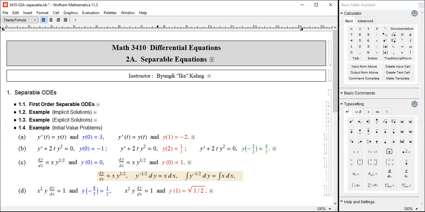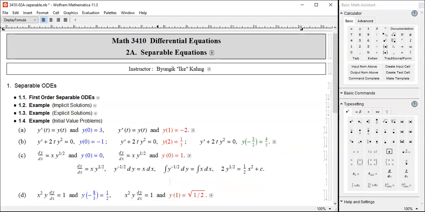Okay, let's calculate the antiderivatives. Add 1 to the power and then divide. So I need the reciprocal here, and 1/2 x squared, and then I need the integral constant c. 2 divided by 1, so let's just write 2. And is it possible to solve for y? Looks like you can do that.